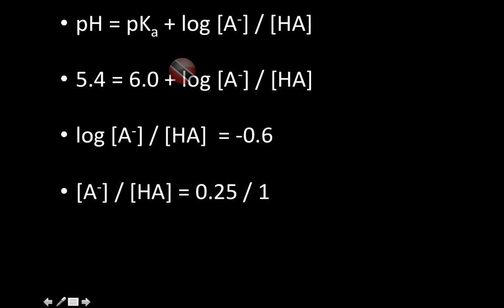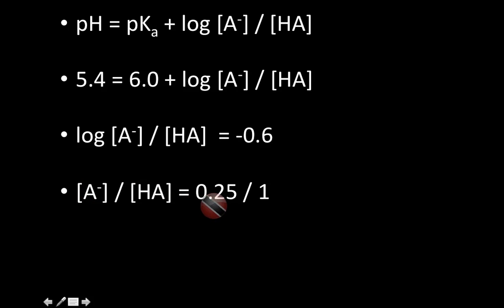Now, first of all, we're going to substitute values into the Henderson Hasselbalch equation. So all of this is going to be familiar. And you're going to end up with a ratio of 0.25 to 1 once again. So that was discussed before. But now, instead of asking for the acidic form, we want to know the conjugate base form, which is what A minus represents.